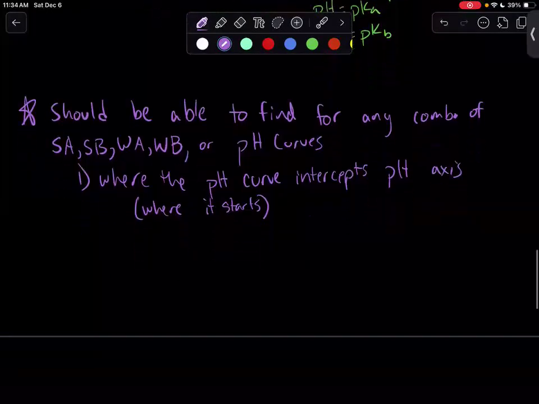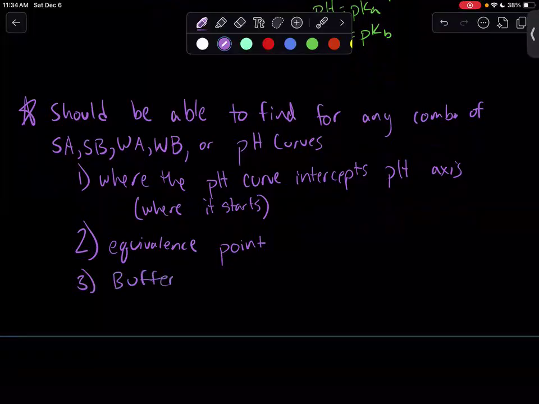Furthermore, you should be able to identify the equivalence point. So you need to be able to find that inflection point on the pH curve. If it exists, you need to be able to identify the buffer region.